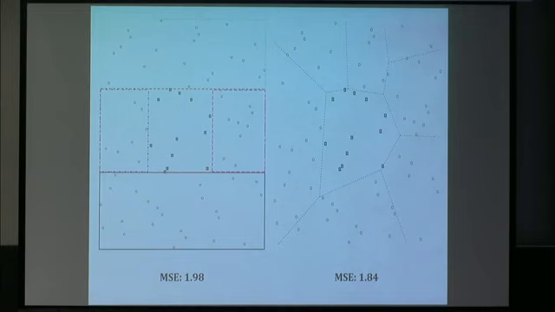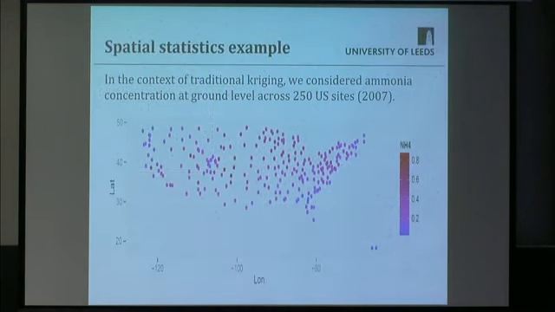So just going on to an example in spatial stats, the one that I mentioned earlier, where we've got the ammonia concentration at ground level for 250 US sites. So we've got the US states there and a couple of US overseas territories down there. And you can see, maybe, the colours are not so great, but we've got this high area in the middle there, and we've got more of a smudge going over this side, so you think a Gaussian process might be able to fit this rather well.